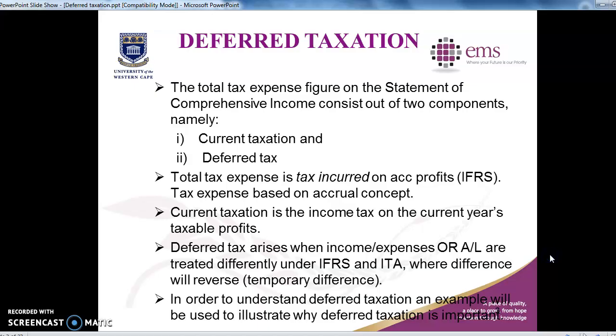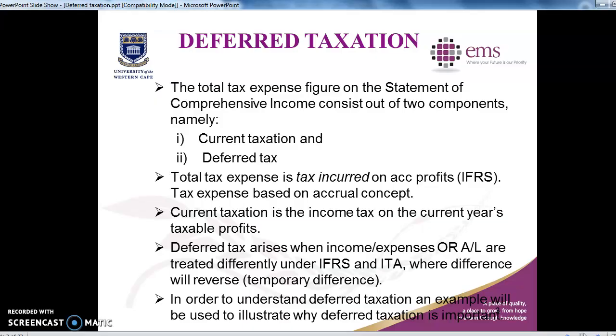So, deferred tax. Let's start with our total tax expense, right? Total tax expense is presented in our statement of comprehensive income, and we get to our total tax expense figure by adding our current tax and our deferred tax.